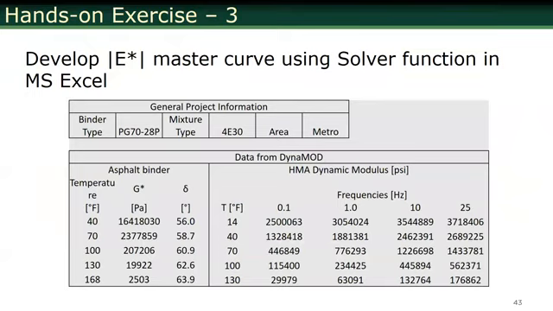So these are the temperatures and G stars and phase angles, that's an input. And these are the dynamic moduli at different frequencies and temperatures. These are also input. This is actually real data for a PG 70-28 mix that is taken from the metro area.